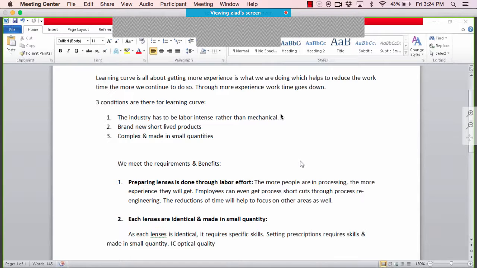Now another one that we need to state is that currently we don't know to what extent the processes are automated. If the processes are automated, then you're not going to get these learning curve benefits, right? So that's a point to note.